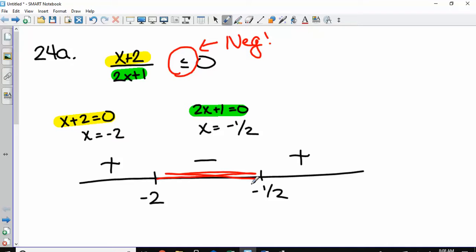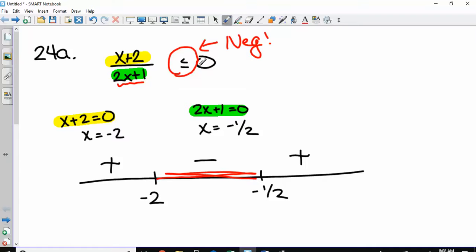But I can't put a bracket on both of those. Why? You have to watch something. If you have a fraction, what can never happen in a fraction? The denominator can't be 0. So can I plug a -1/2 into this?